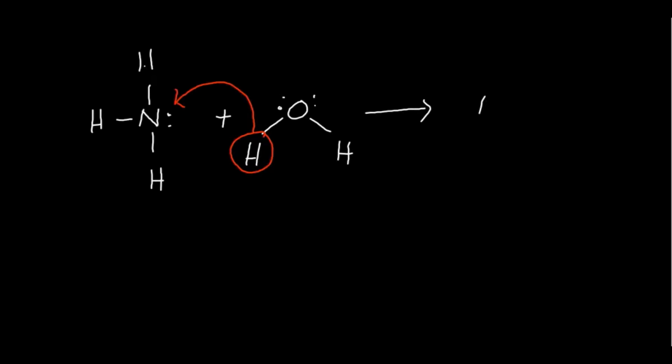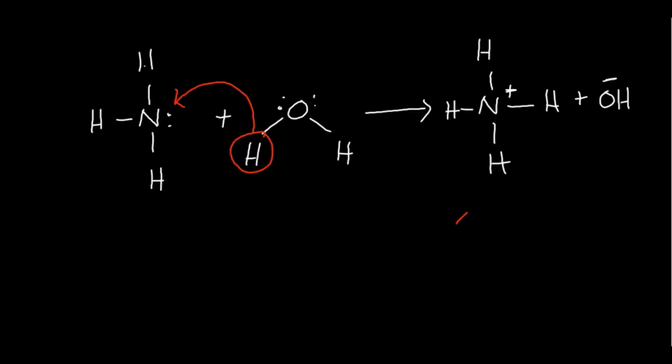The direction of the arrow is from donor to acceptor. We make the direction of the arrow from the donor to the acceptor. After accepting a proton, ammonia changes to NH4 plus. Nitrogen has given its whole pair of electrons for making a covalent bond with hydrogen, so there is a plus charge on nitrogen. And after donating a proton to ammonia, water changes to hydroxide ion.